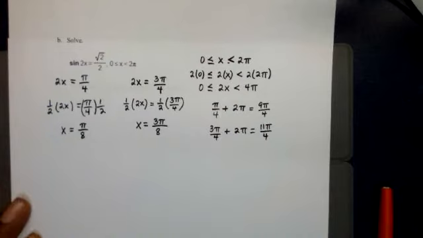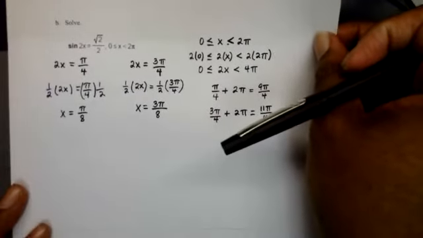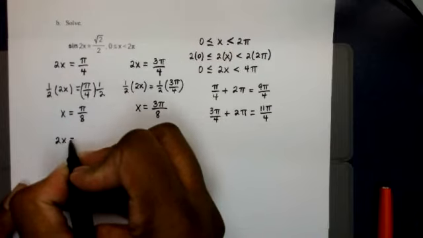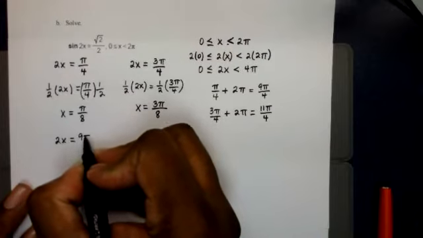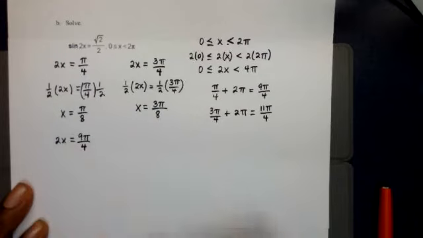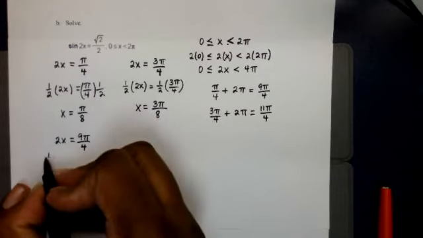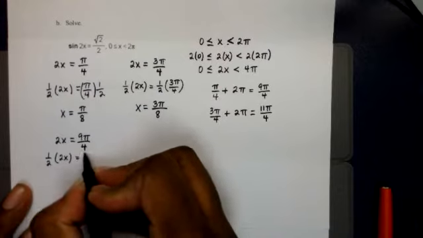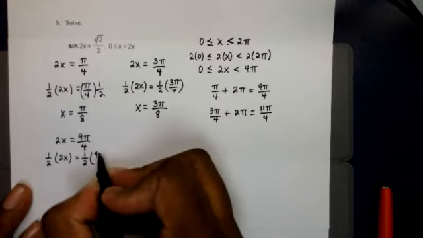So there are actually more places between 0 and 4 pi where you get the sine of 2x equal to the square root of 2 over 2. So we can say 2x, this time, would be 9 pi over 4. And then multiply both sides by 1/2 to solve for x.